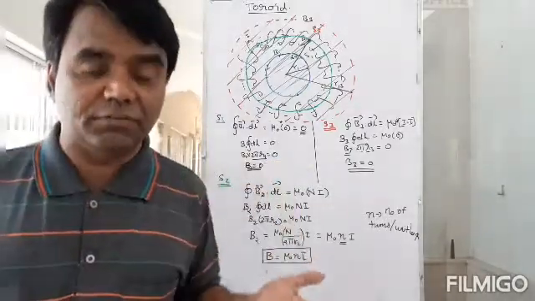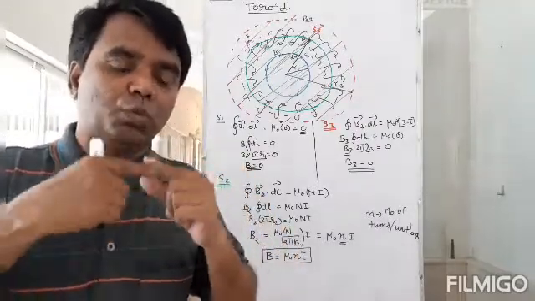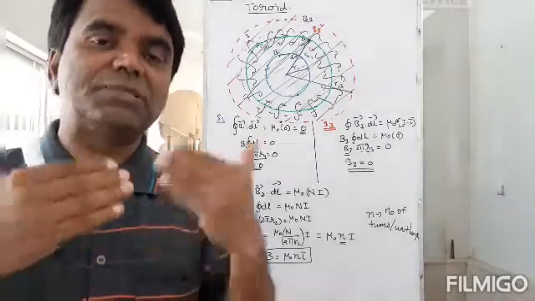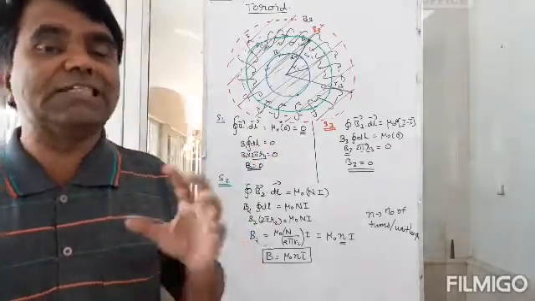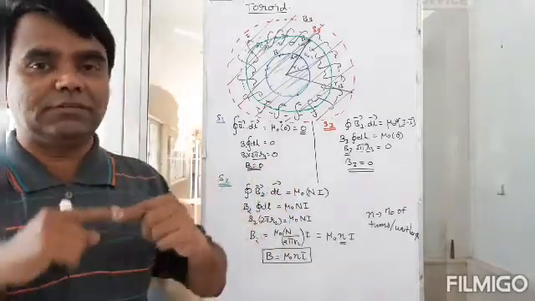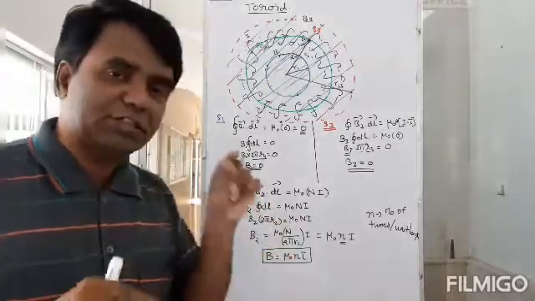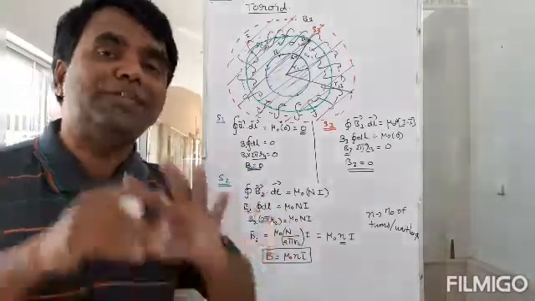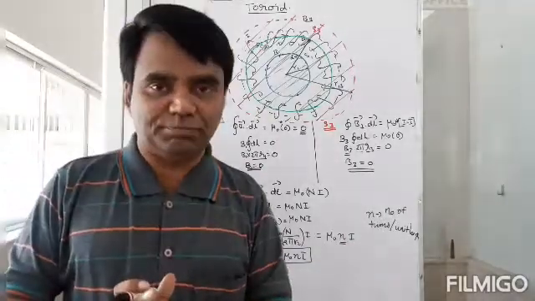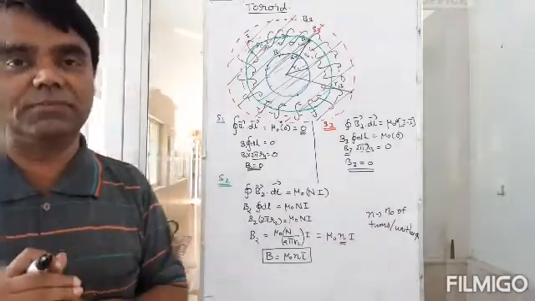It's not the total number of turns. So if you wind the wires tightly, you will have more turns per unit length, so for the same amount of current, B will be greater. That is what you have to understand from this.